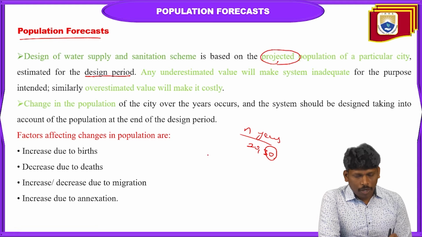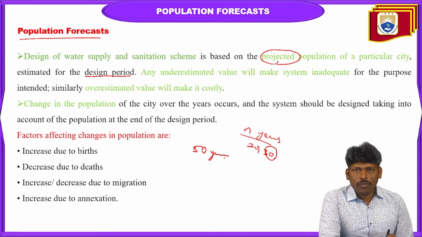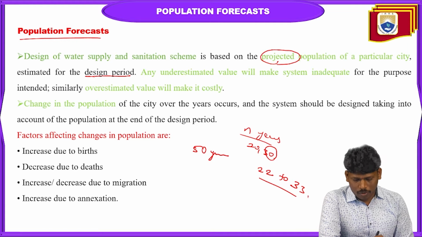So what is our intent? Suppose you unnecessarily fix your design period as 50 years. It is not required for water works, as I told yesterday. For any water works, the design period must be 22 to 33 years only.